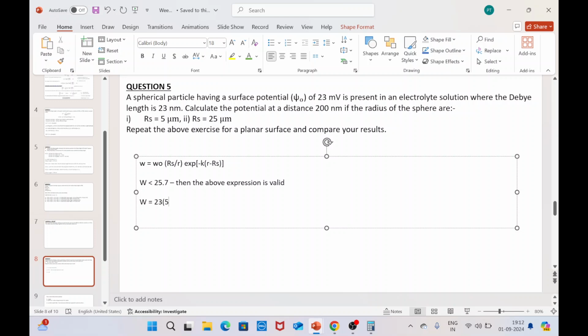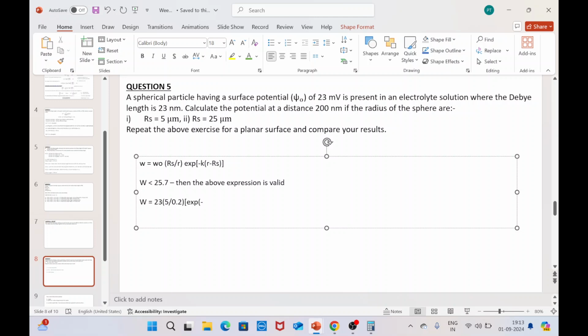It is 5 micrometers divided by small r, which is the place at which you want to find the potential. That is 200 nanometers or 0.2 micrometers, times exponential minus kappa.